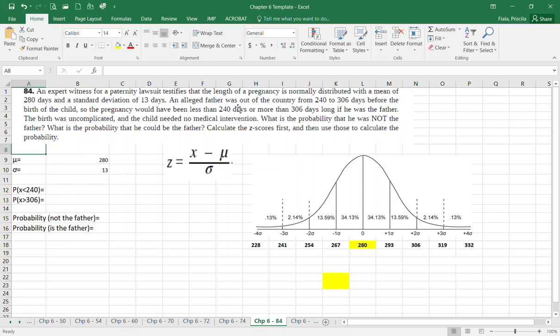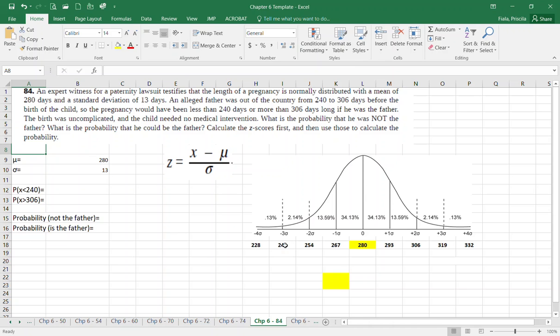This father, the one that is supposedly the father, was out of the country from 240 to 306 days before the child was born. Again, this person that they're saying could be the father, all the way from about here, which is a little higher than a minus.